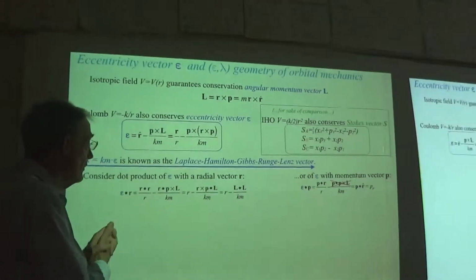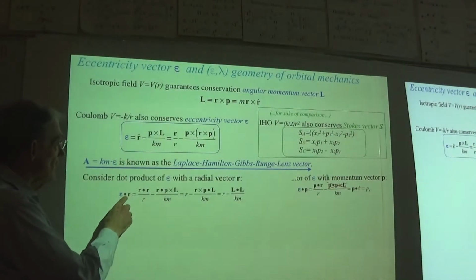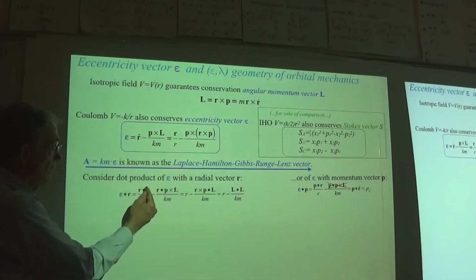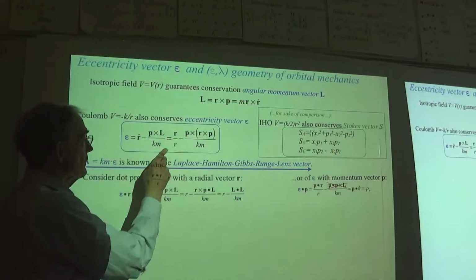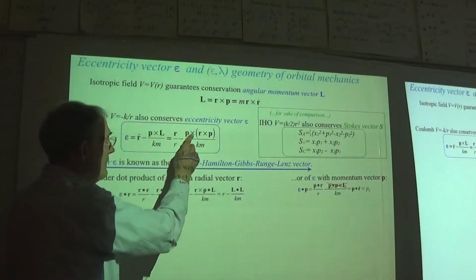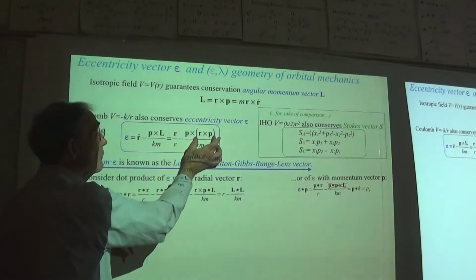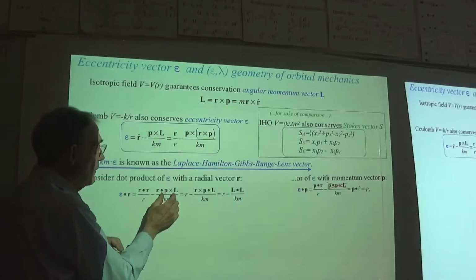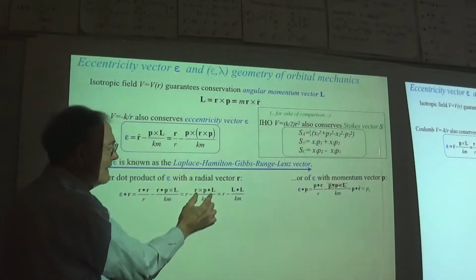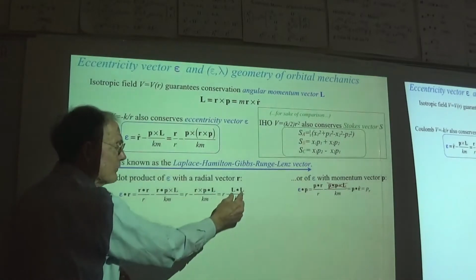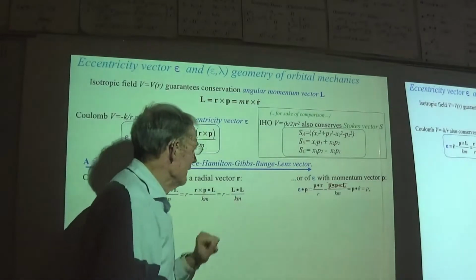But this one is quite remarkable, because what I'm going to be getting here is r dot the unit r, that's fat R over the magnitude of R, okay, and then I've got this p cross r cross p, I've got this p cross L, r dot p cross L, and I know I can switch the cross and the dot, right, and then I just get L squared. Ooh, I think we're recognizing something here, okay?